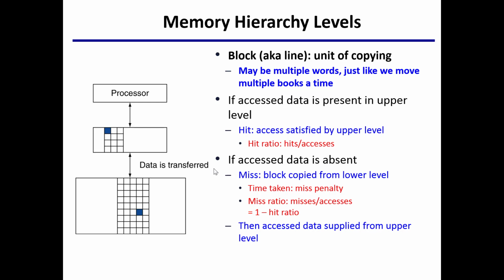So since I've already committed myself to going to that slow memory, I might as well grab a whole block of data surrounding the address that the program wants, because I'm going to bank on the fact that in the near future he's going to want the other words around that location. And that's how you exploit spatial locality, right?